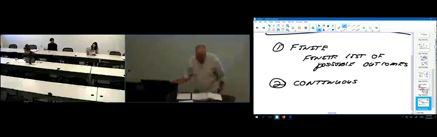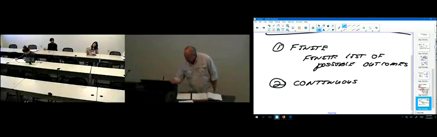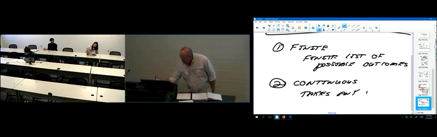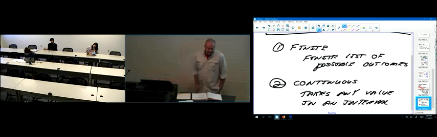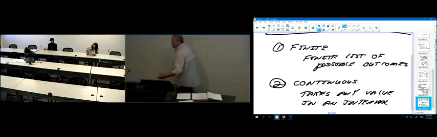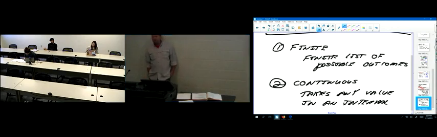And a continuous random variable takes any value in an interval. In other words, that's just another way of telling you the sample space is an interval of outcomes, like a random number generator, or the test on the MCAT score.